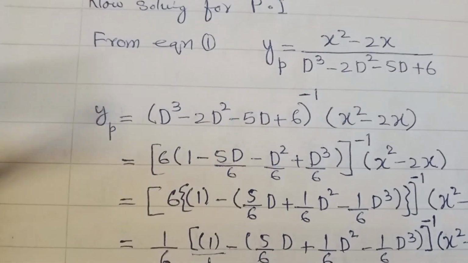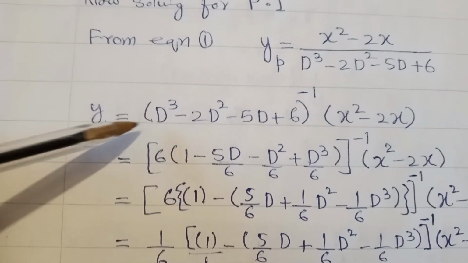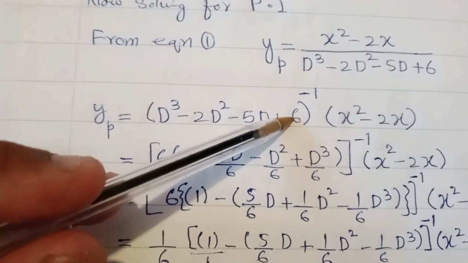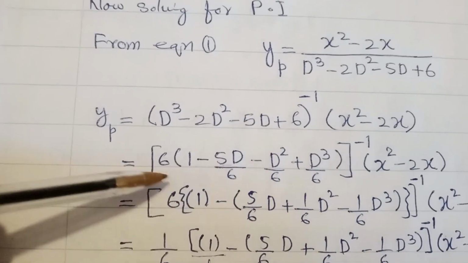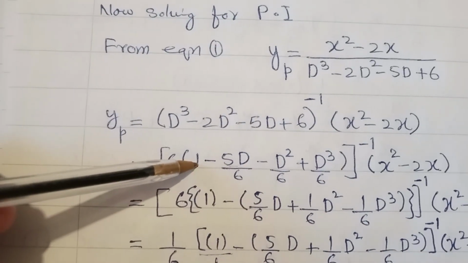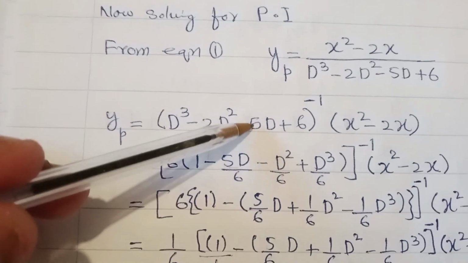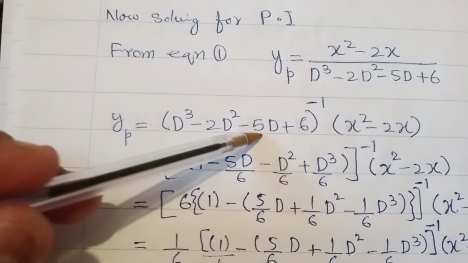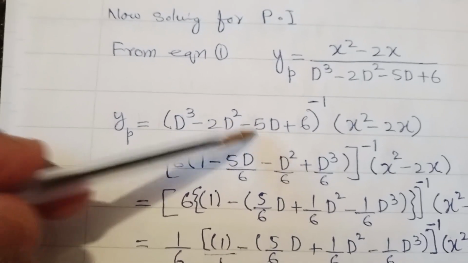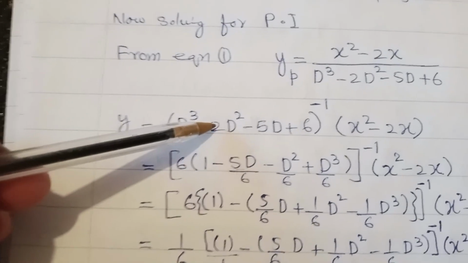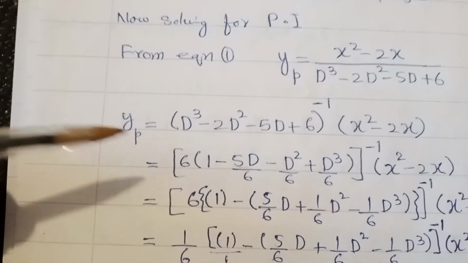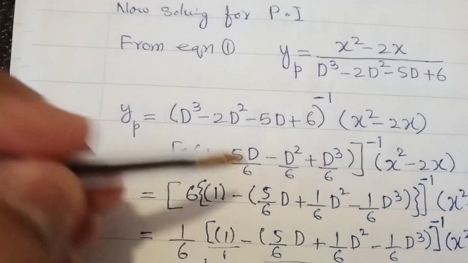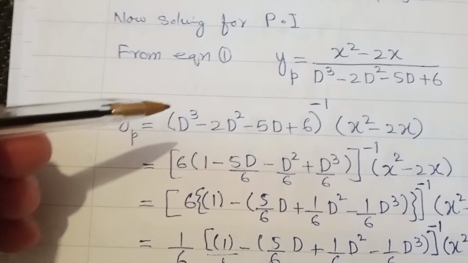Now taking 6 common from the entire term. When I take 6 common, the constant becomes 1.